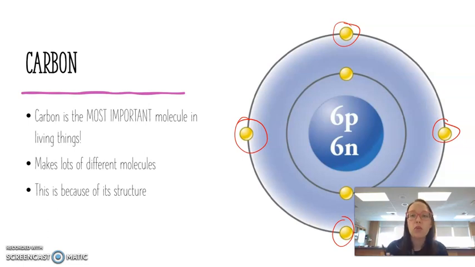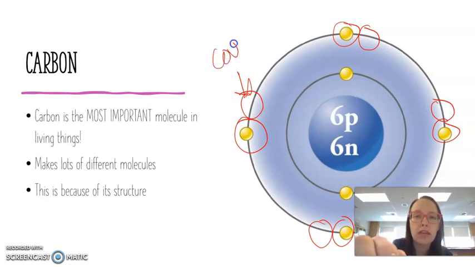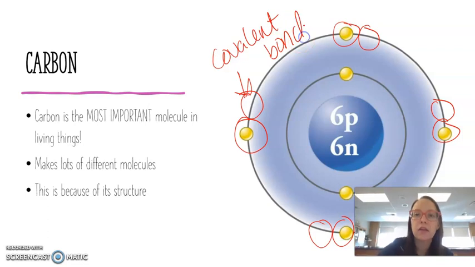So when you have those 4 electrons, that means you have 4 spaces that you can now share electrons with covalently. So each one of these is a spot where you can have a covalent bond. So now we've got 4 different locations around our carbon where you can have a covalent bond.